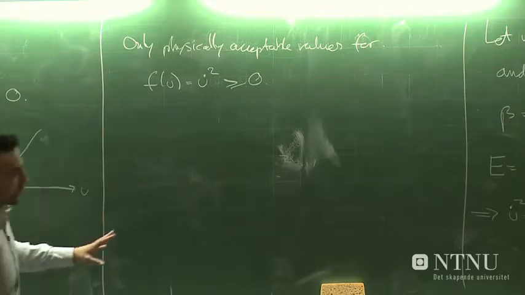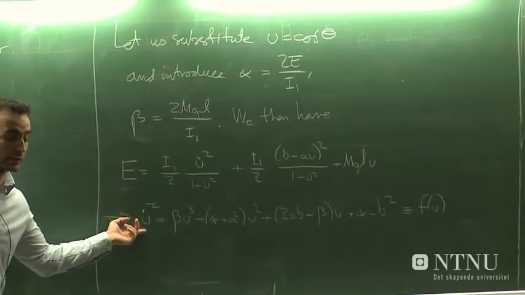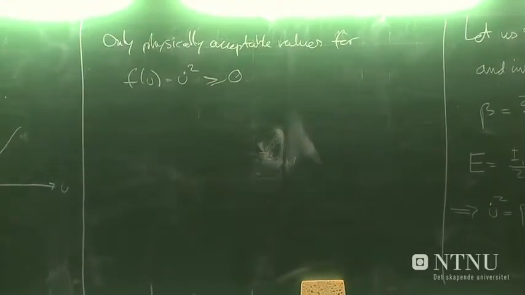And we can see this also from the fact that f is equal to the square of u dot. This has to be a positive quantity as long as u dot is real. If it's imaginary, it can become negative, but that would correspond to some purely mathematical allowed solution.